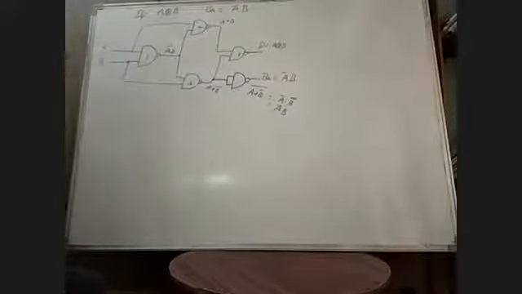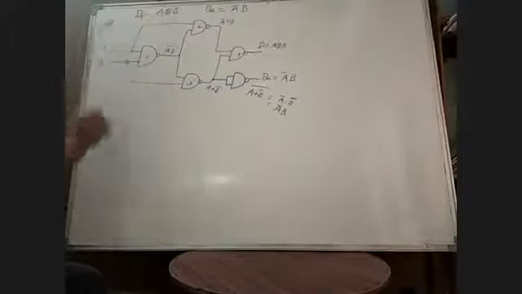Okay, now we are going to realize the next one. Realize half subtractor using NOR gate. This is for using NAND gates, complete chesam. Now we are going to realize using NOR gate.